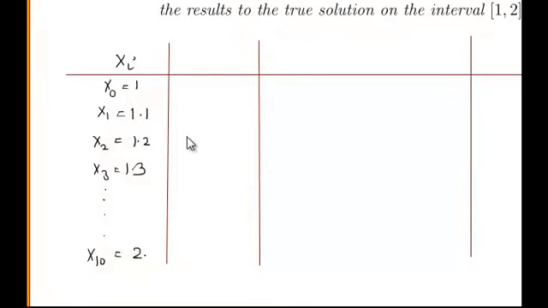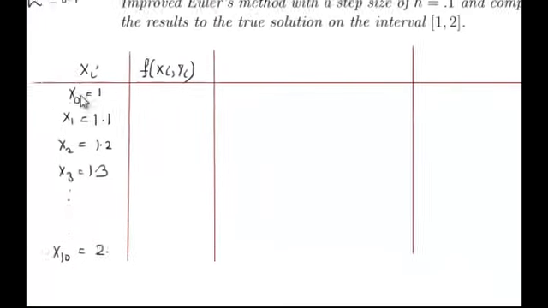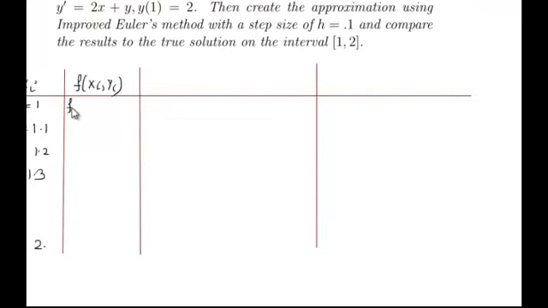So 10 steps. Now f of xi yi. What is f of xi yi? So f of x naught y naught is nothing but 2x plus y, right? 2x naught plus y naught.